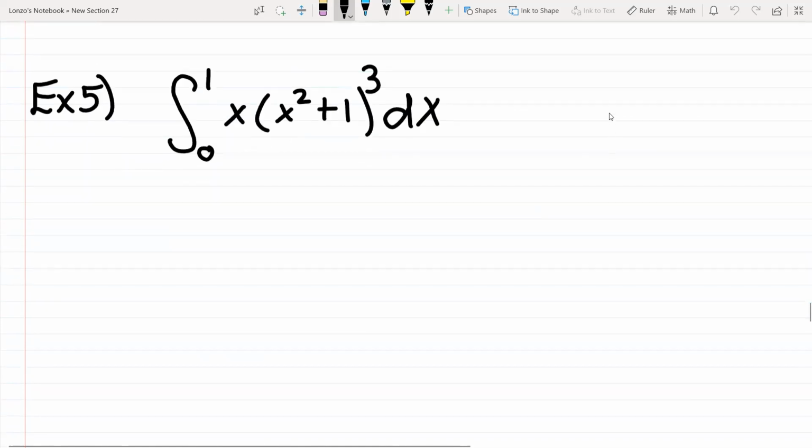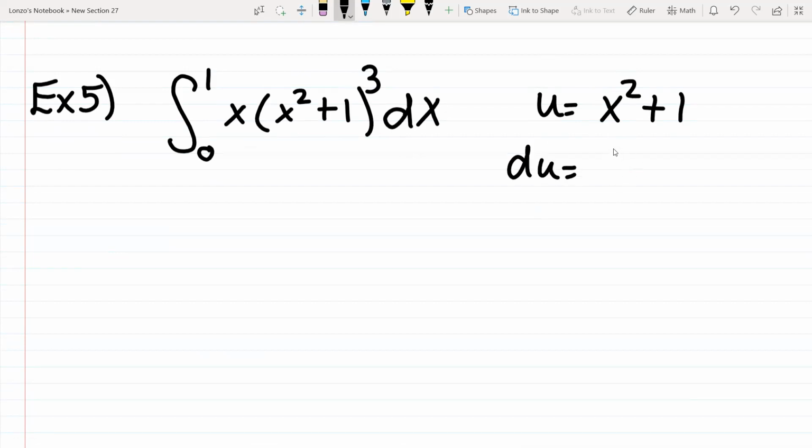So first, we're going to do u substitution, and we're going to set u as x squared plus 1. Then you're going to take the du. So the du is going to be 2x dx. Thing is, we don't have a 2x dx. We only have an x and a dx, so we have to get rid of this 2 by multiplying both sides by the reciprocal of 2, or 1/2.